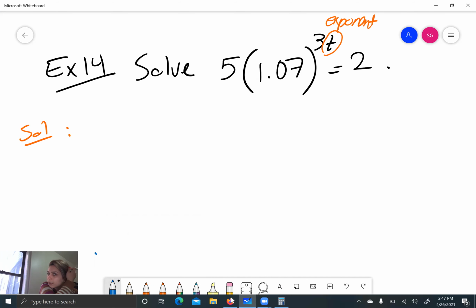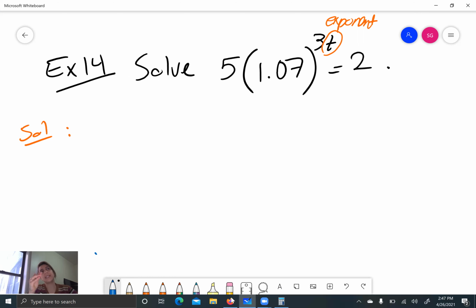The first step is to see that the variable is an exponent, and come up with the idea that we need to use the logarithmic function. But then what to do?